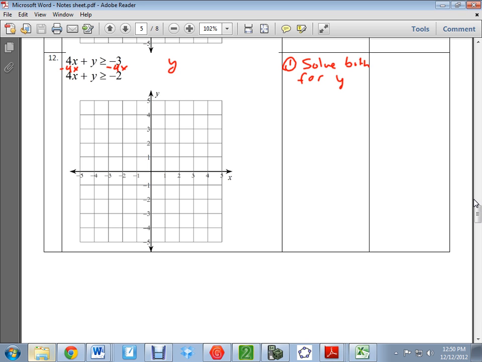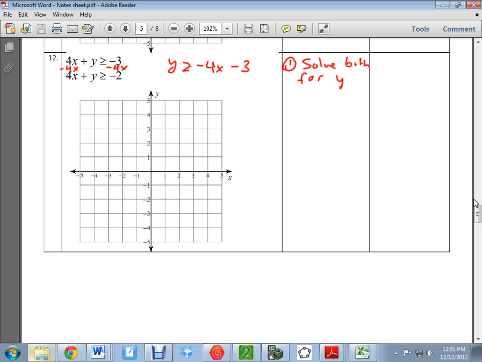And this will get me y is bigger than or equal to, what is over there? Negative 4x minus 3. It does not honestly matter which order you put it in. However, I will put it in slope-intercept form if I can. So I'm going to put the x thing first. It's just usually a little bit easier to read.